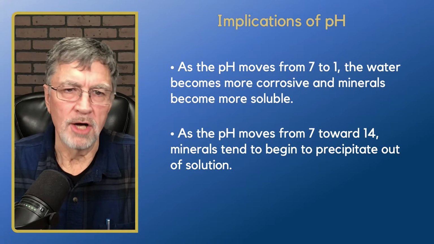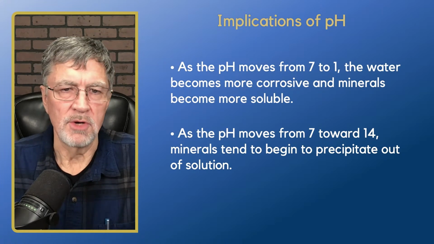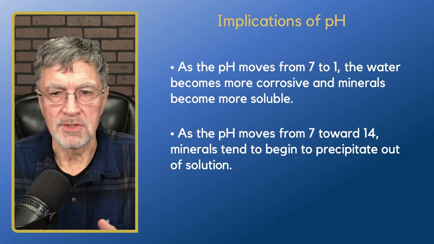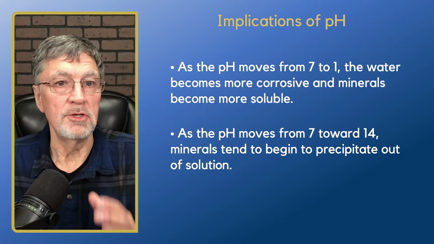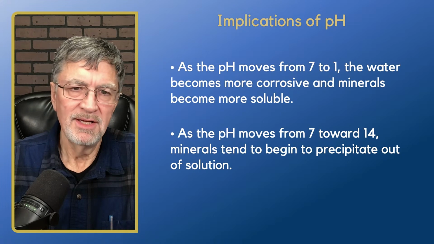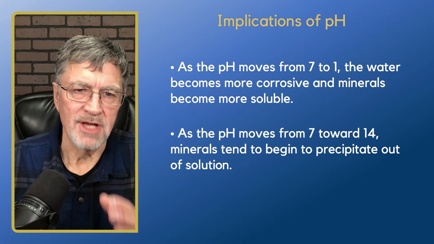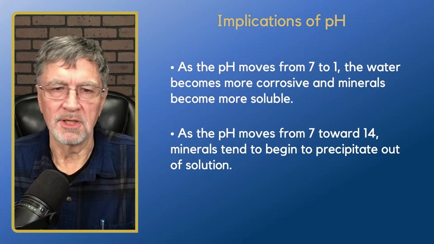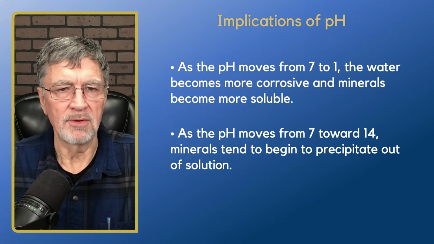Those are hard water situations where you're going to start to see mineral scale developing. So we want to pay attention to pH this way, because pH plus calcium that's near saturation will result in calcium carbonate precipitating out.